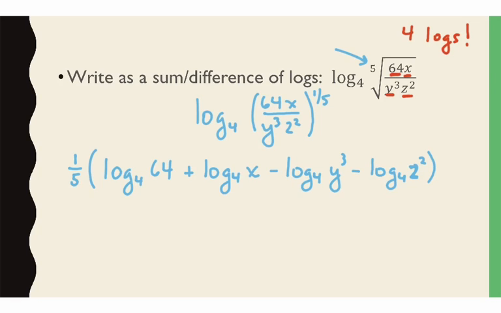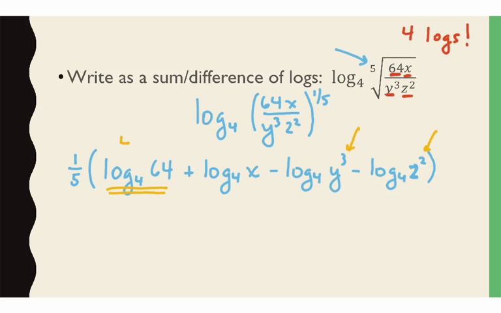Are we finished? Well, no, we're not, because I'm noticing we have some exponents here that can be brought down front, so I do need to do that. There's another thing I need to do, and that is right here at the beginning. Log base 4 of 64, that is a log value we should all just know.